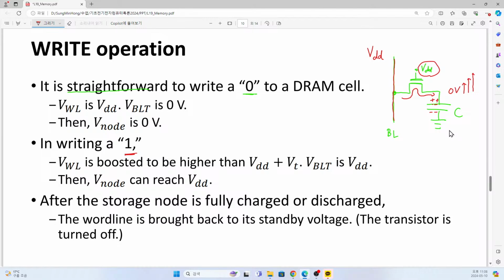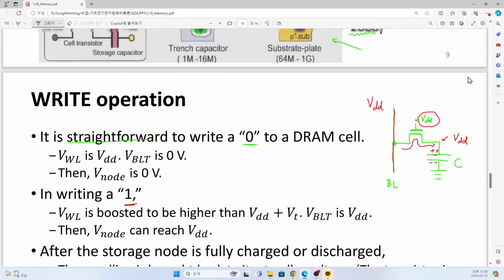Good. So therefore, if we wait a long time, we may expect that eventually the value will become just VDD. But unfortunately, please think about this one.